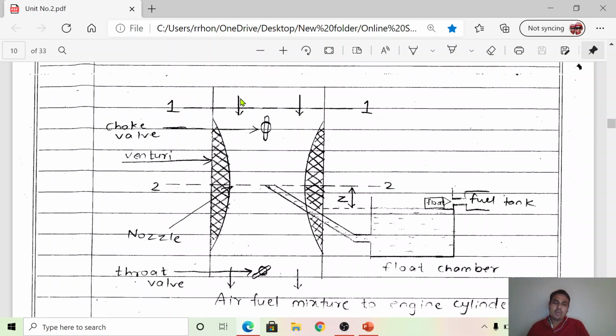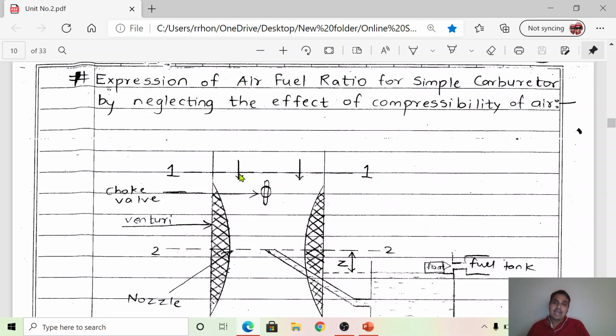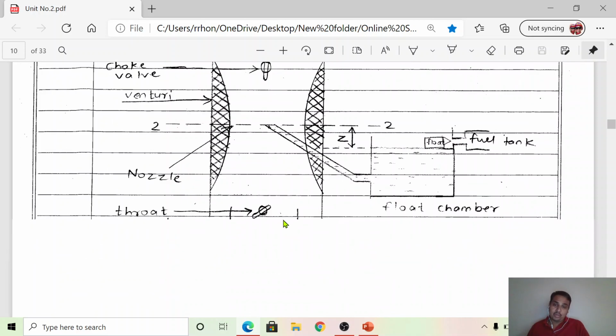Now we are only talking about the air. There is no question of fuel right now. We are only talking about the atmospheric air entering the carburetor body, and we are neglecting its effect of compressibility. So we are applying Bernoulli's equation to section 1.1 and section 2.2, considering only air right now, with no question of fuel in this particular equation.